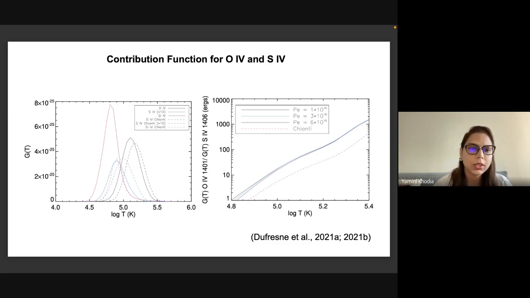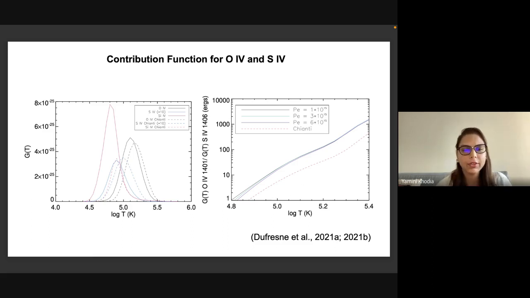The solid lines are the new atomic model, where he has taken photoionization, charge transfer, and density effects into consideration, while the dashed lines are the zero density effects. These processes become dominant in the chromosphere and transition region, so it is required to consider these atomic processes while modeling.